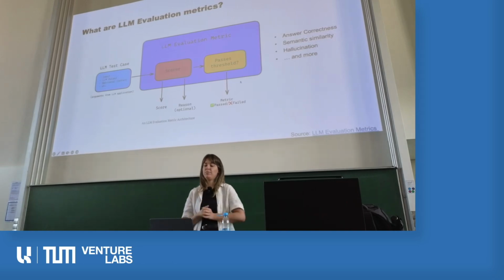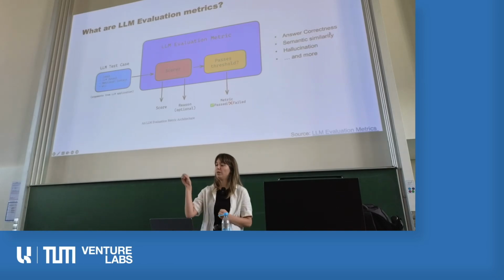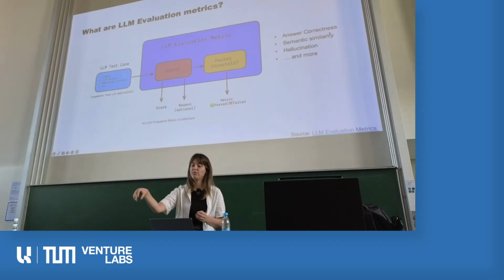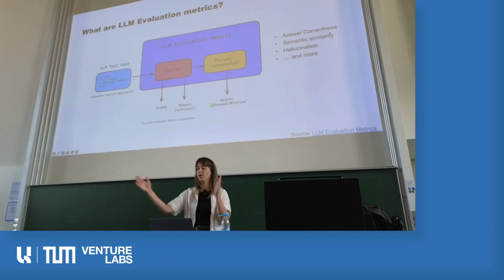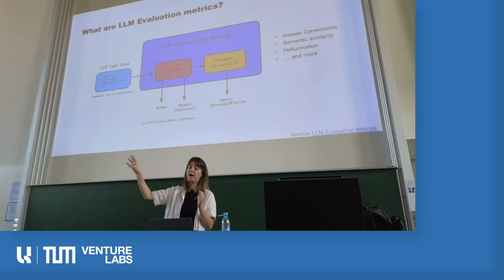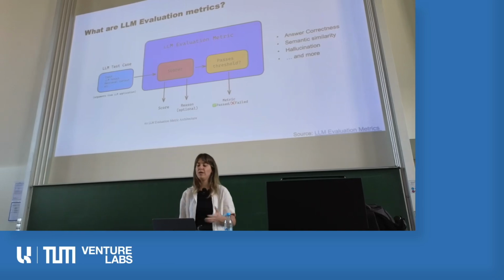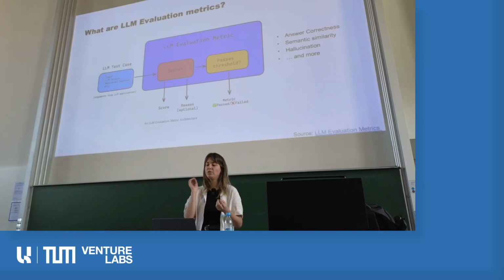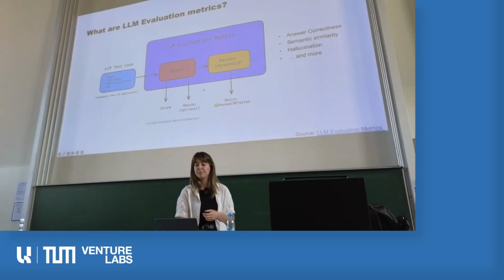For example, if the answer is correct, you want to have a score associated with that, say from 1 to 5. 5 is the best, the answer is correct, and 1 is not correct. So you want a score associated to it. And the threshold really comes down to how you define it.